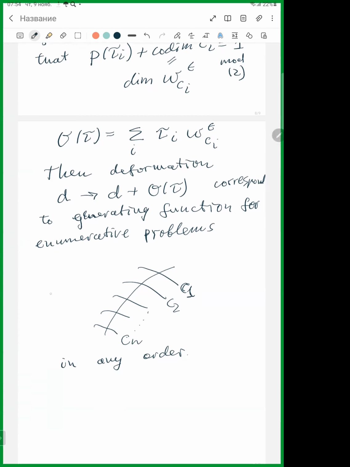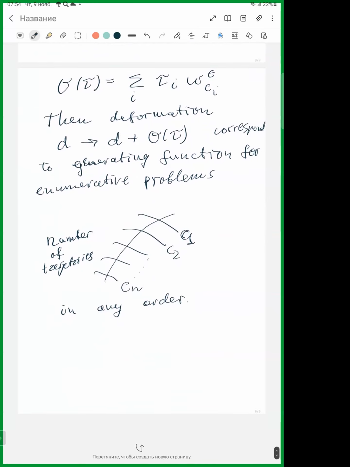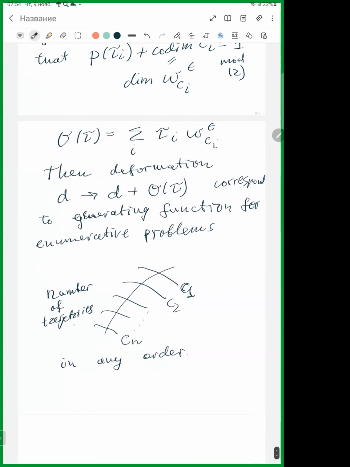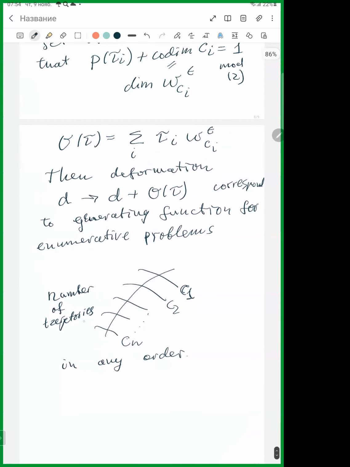So I compute the number of trajectories passing through these cycles. I call them NC1, Tn, and here I write generating parameters.